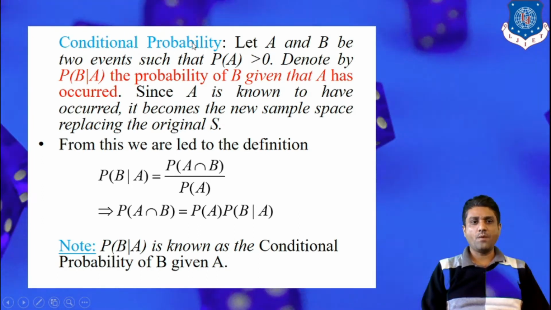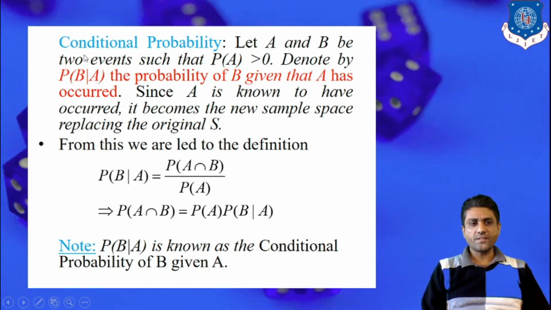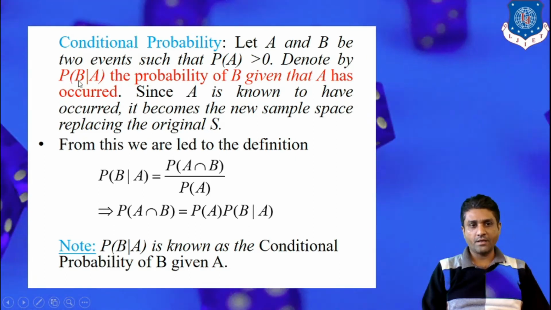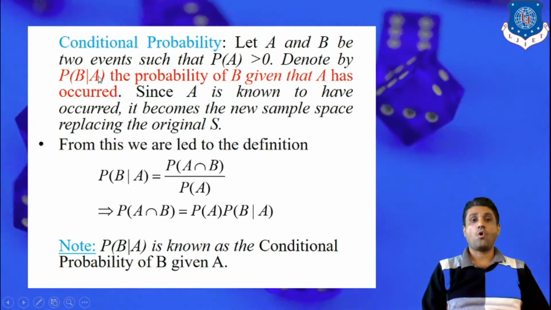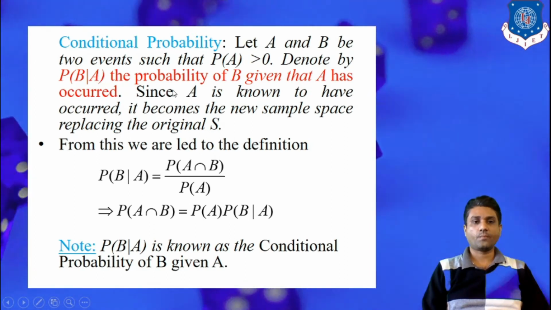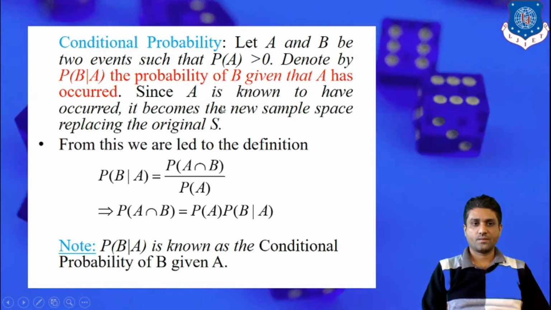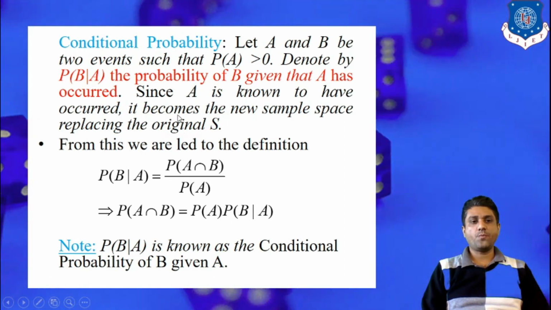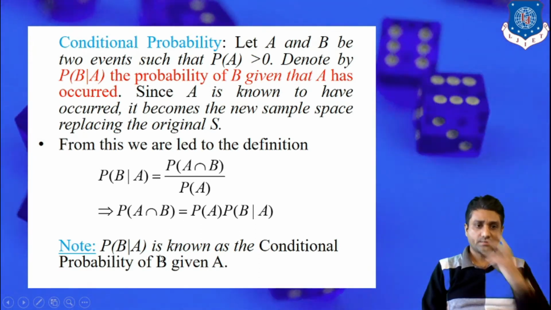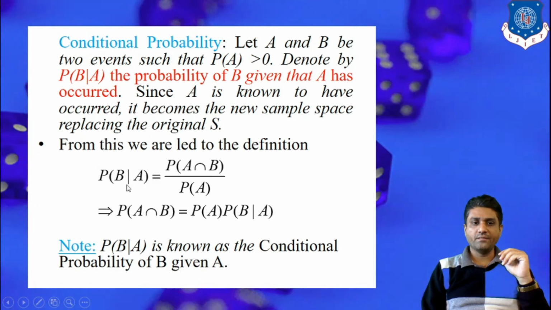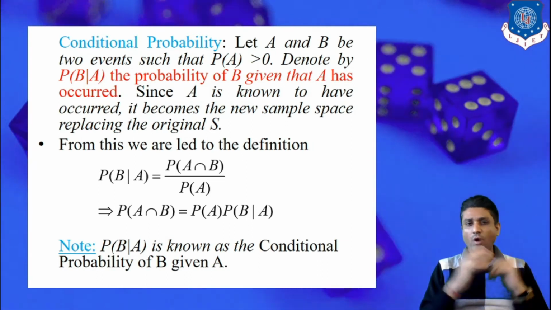Then the conditional probability is denoted by probability of B given A. This represents the probability of the happening of event B when event A has already happened. In that case, we are interested in finding the probability of this second event B.